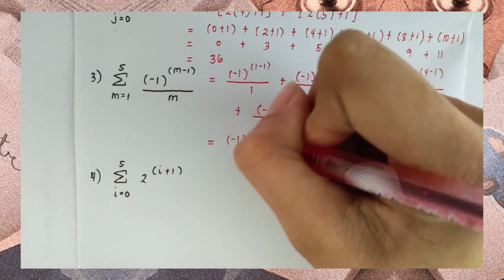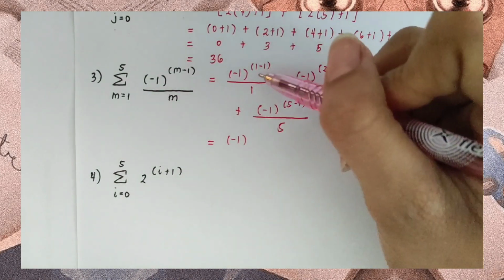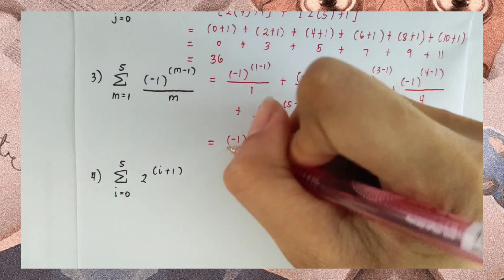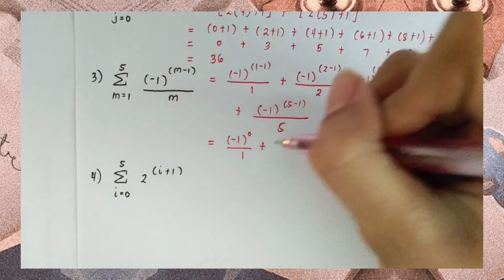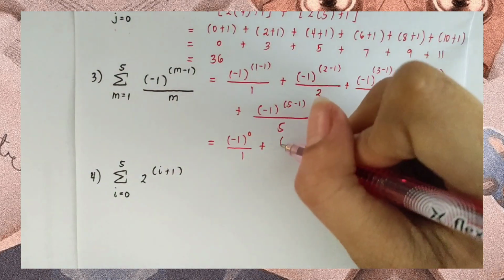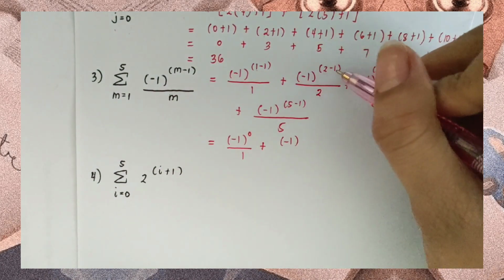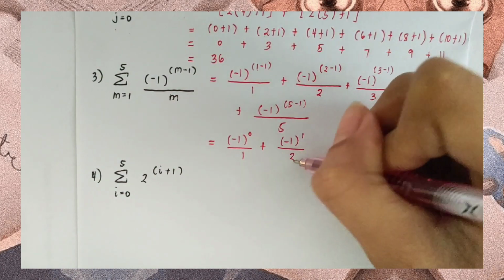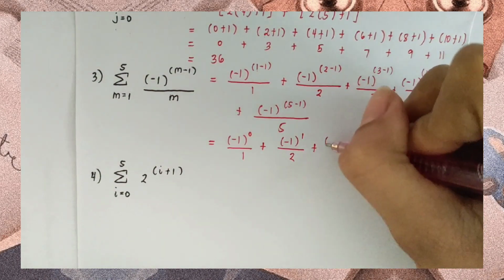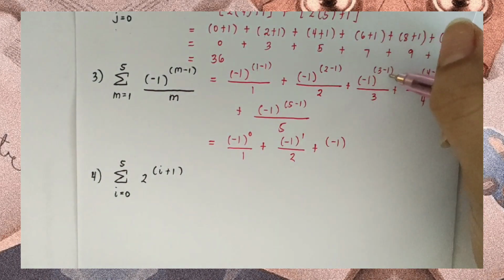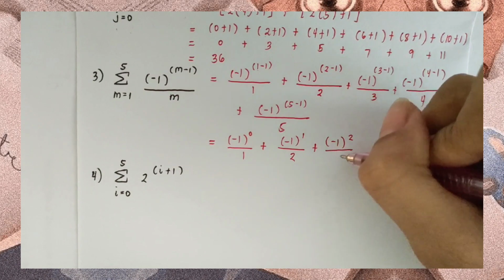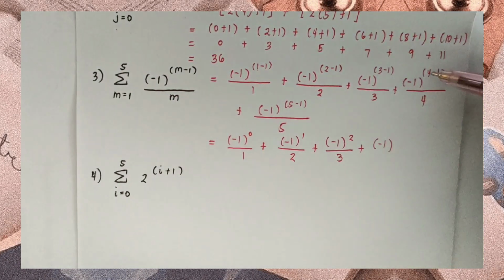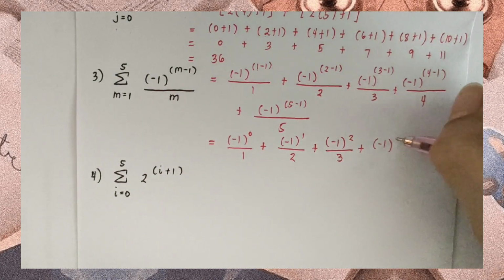So negative 1, 1 minus 1, that is 0, over 1, plus, copy negative 1, and then 2 minus 1, that is 1, over 2, plus, negative 1, 3 minus 1, that is 2, and then, negative 1, 4 minus 1 is 3.